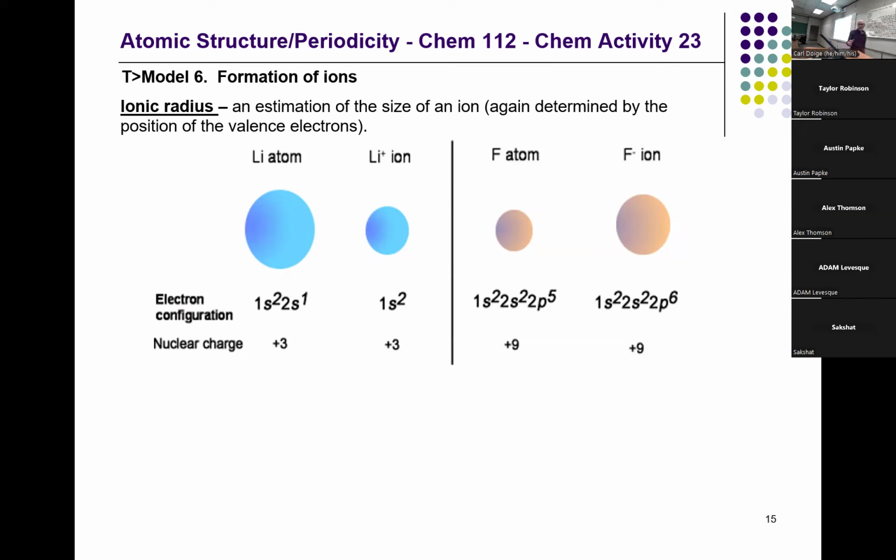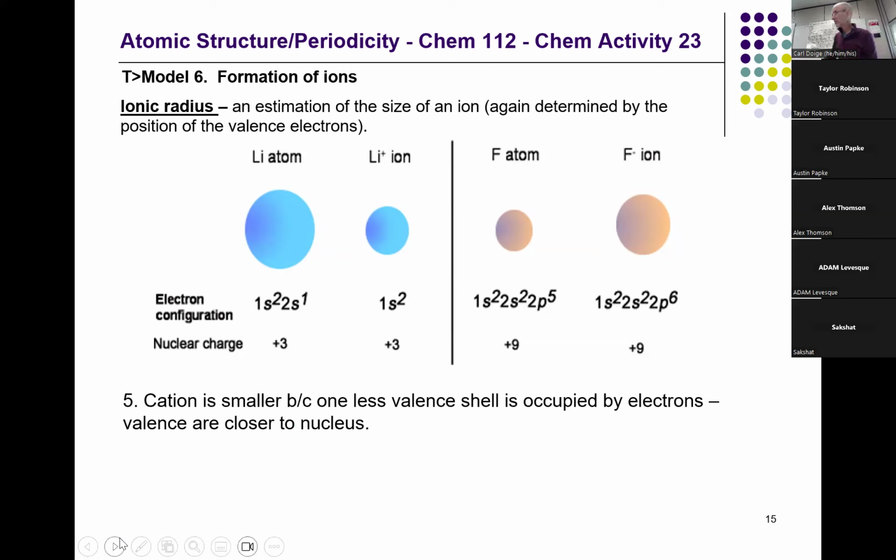This will always occur when a metal atom becomes a cation. So the cation is smaller because one less valence shell is occupied by electrons. The valence electrons are closer to the nucleus, and they would see that positive charge more effectively.